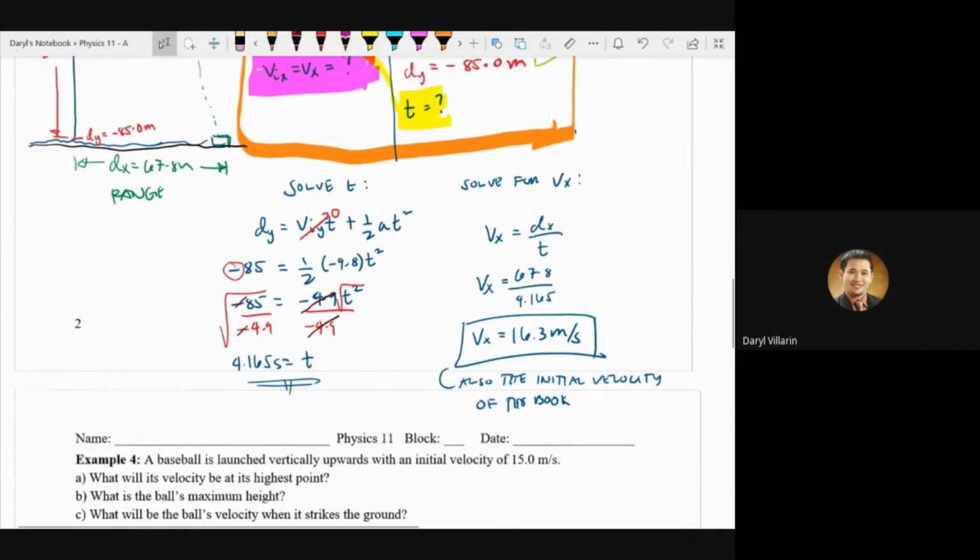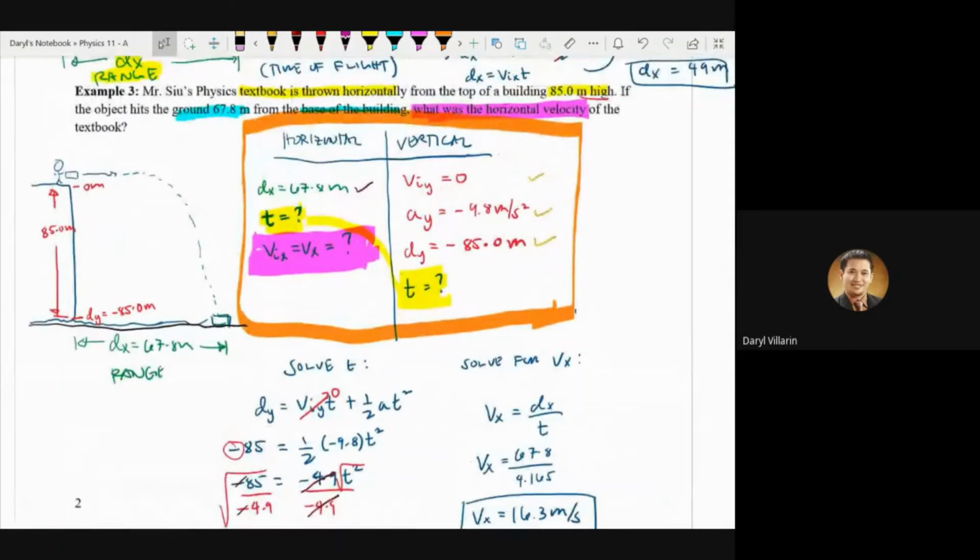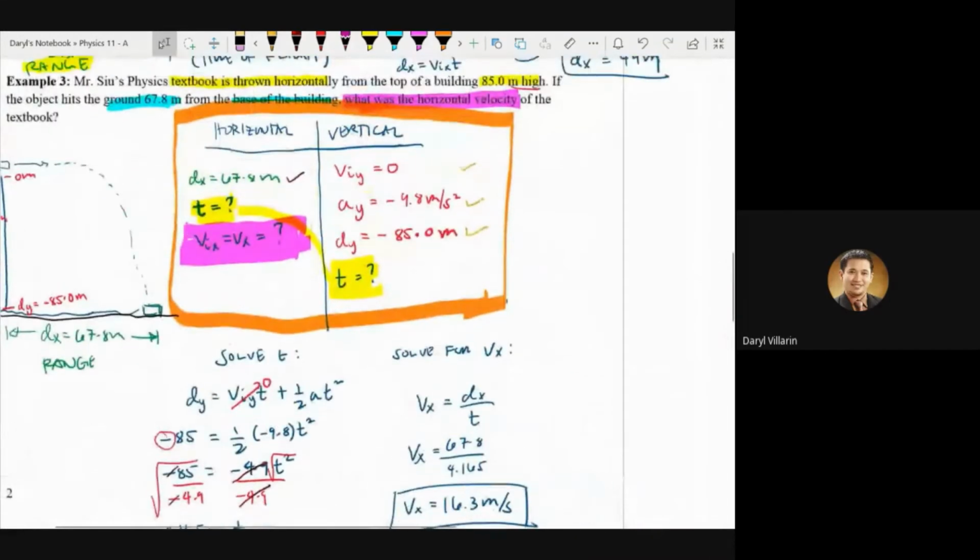So this is a particular problem where a single equation will not give you the correct answer right away. You need to solve for the time first, and you use the vertical quantities to solve for the time, because that's what is given in the problem. You're given at least three in the vertical motion, so I can solve for the other quantities.